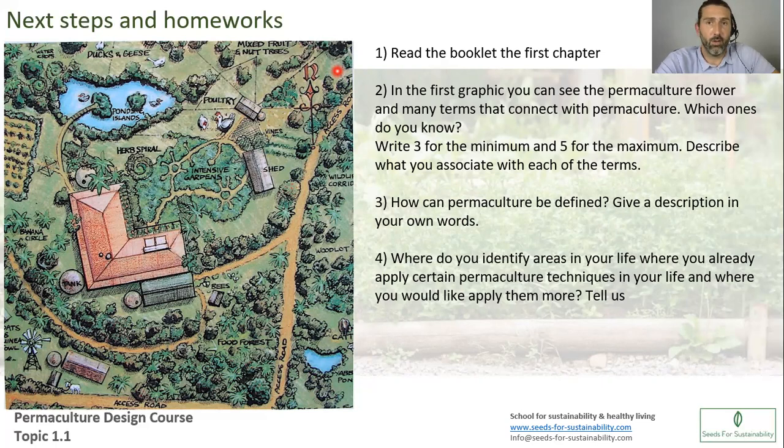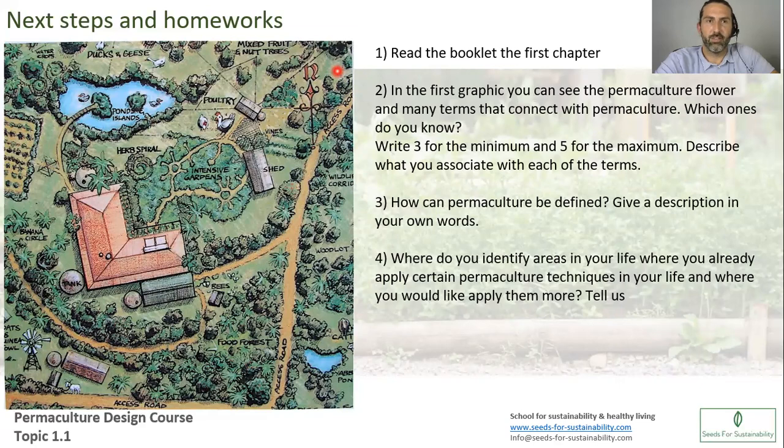As homework for the first topic, HW11 will be: read the booklet, read the first chapter. The booklet is also on the platform. Then you will see the graphic of the Permaculture Flower, and please tell us which ones of the terms you know. Minimum 3, maximum 5. Describe what you associate with each one.